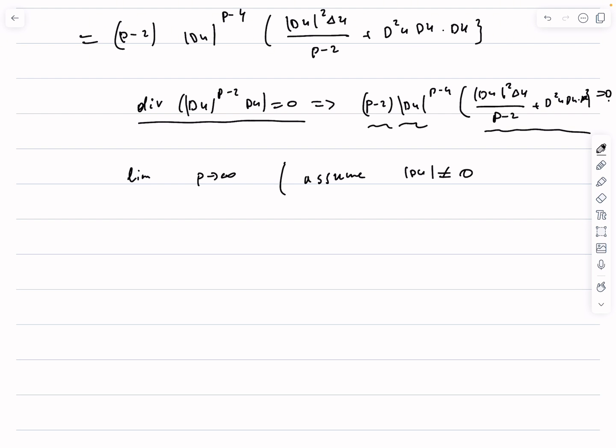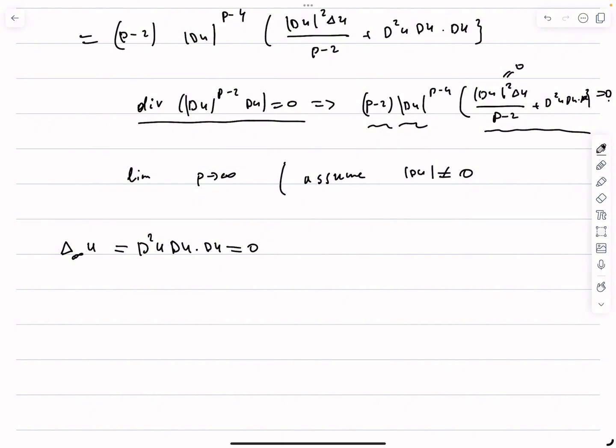Because p going to infinity, this part becomes 0. We get d^2u du times du is equal to 0. And let's call this one the Delta infinity of u.